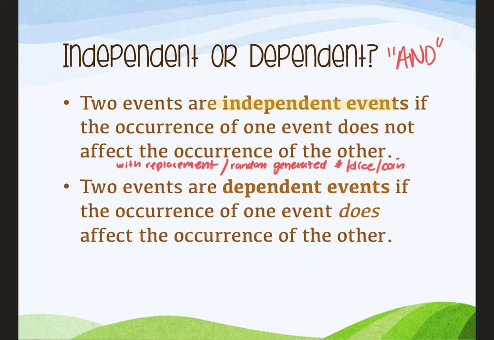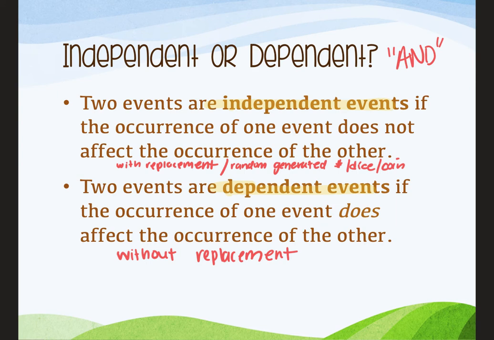Independent and dependent both have and? Yes. If they are dependent, then the occurrence of one does affect the occurrence of the other, and this is without replacement. So you take something out of the box and you don't put it back. You take a piece of paper with a letter on it out of the box and you don't put it back.